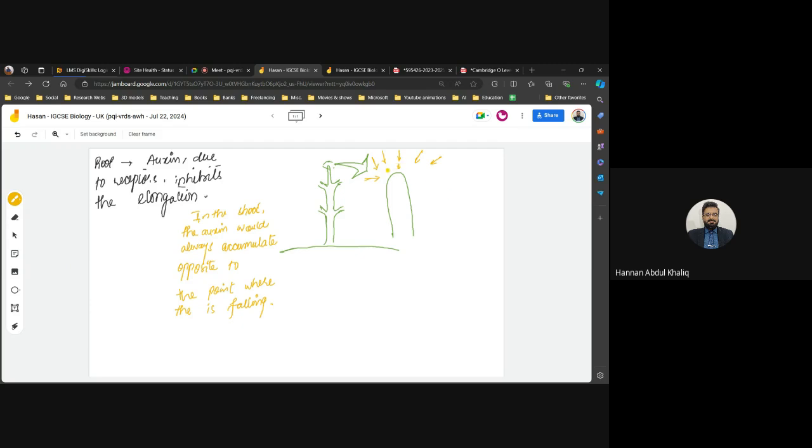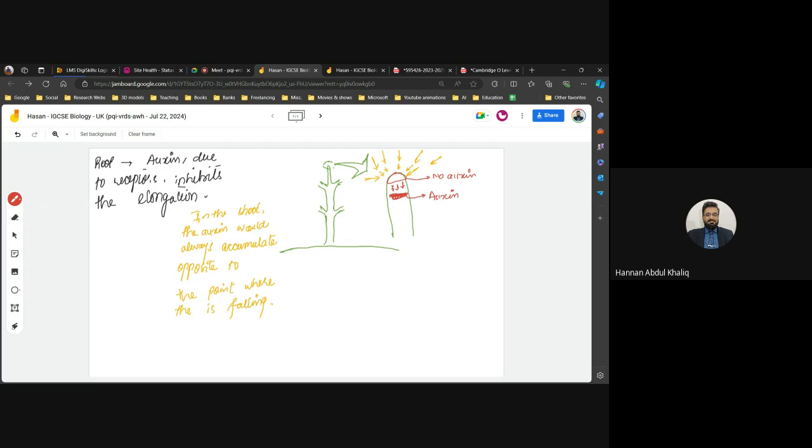Please remember this sentence, it's very important. The light is falling at the tip of the plant. Now, oxygen would accumulate not at the tip, no. The oxygen would accumulate at a point considerably below the point of light receiving. Over here, the oxygen would accumulate.